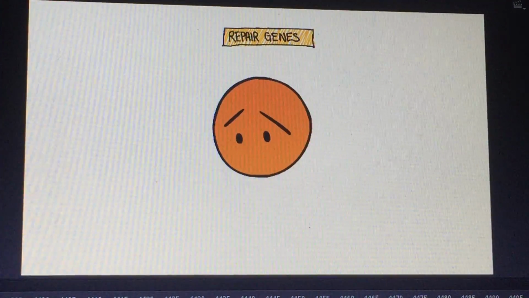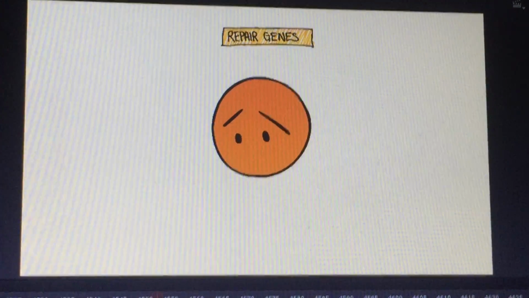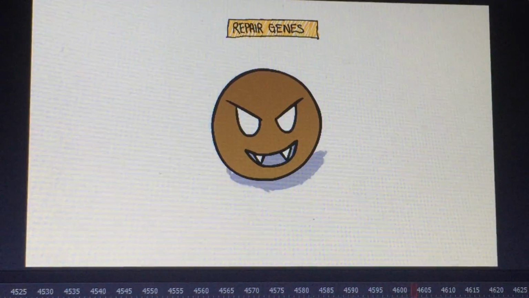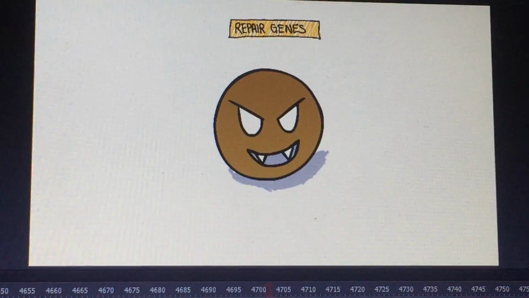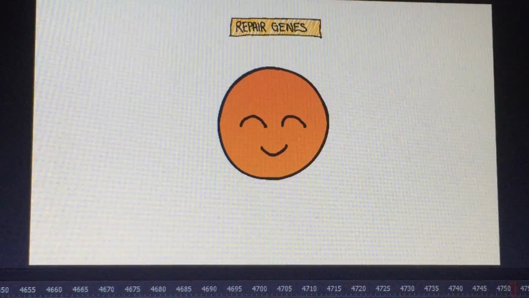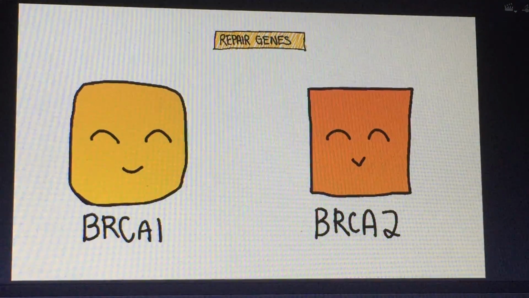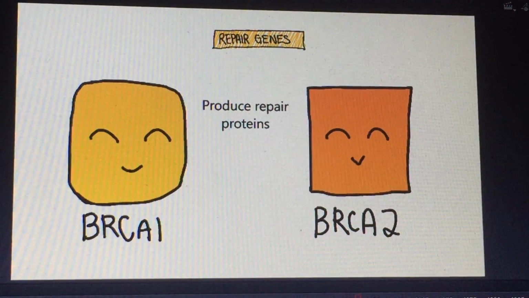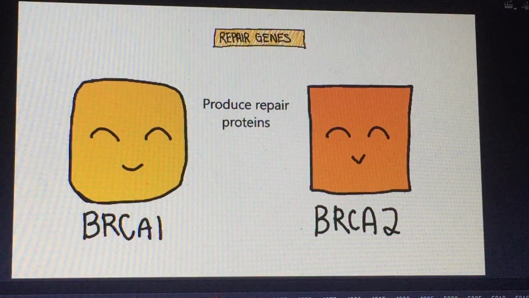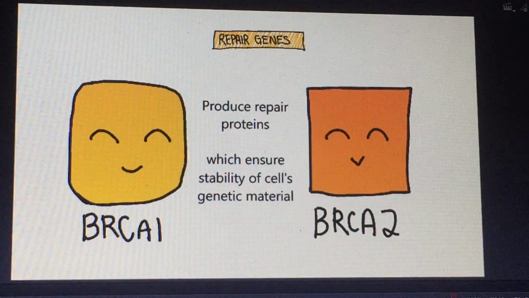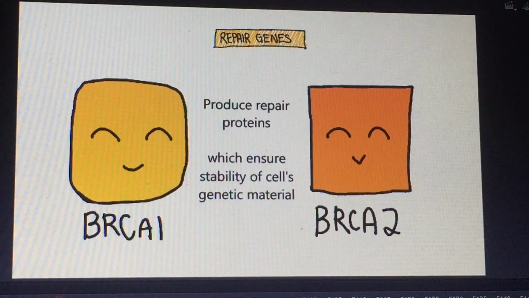The DNA in every cell in our body is constantly in danger of being damaged. However, cells contain many different proteins whose job is to repair damaged DNA. BRCA1 and BRCA2 are human genes that produce the DNA repair proteins. These proteins help repair damaged DNA and therefore play a role in ensuring the stability of the cell's genetic material.